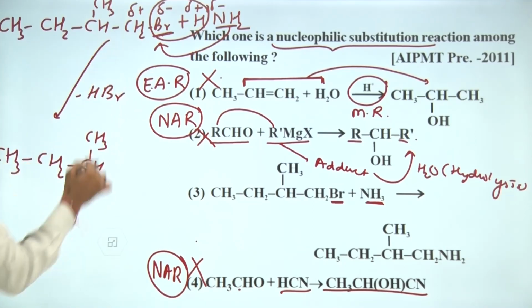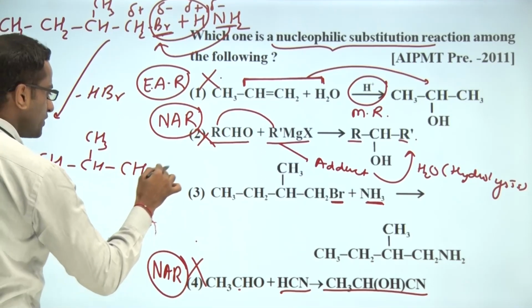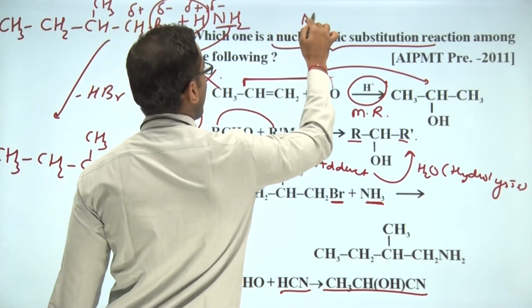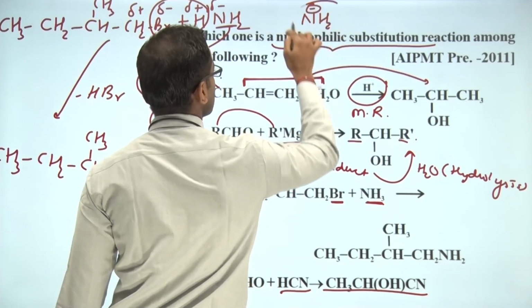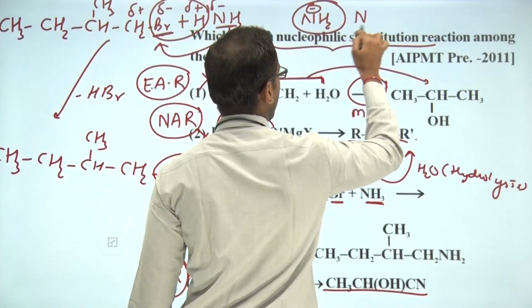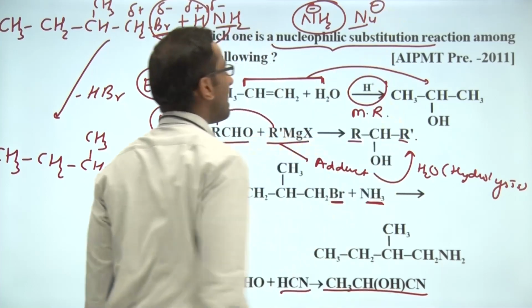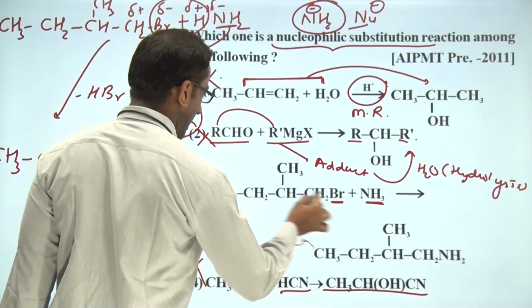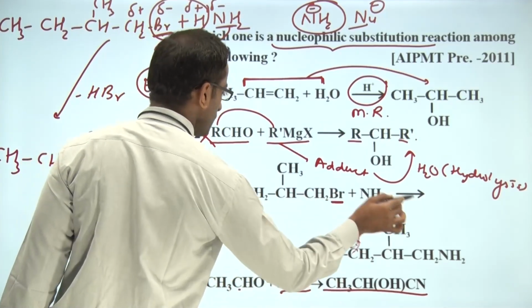It means this bromo is substituted by the NH2 group, and NH2 is what? The minus group. This is truly a nucleophile. So nucleophilic substitution reaction is taking place here. So this haloalkane is converting into amine.